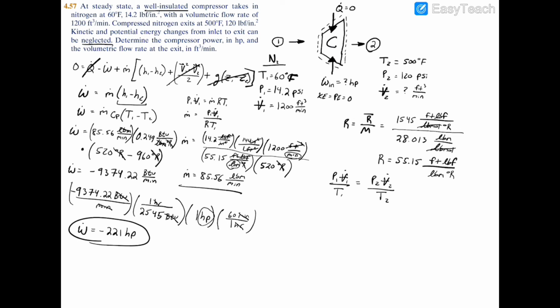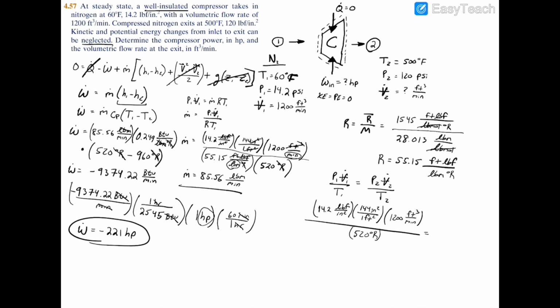So with that being said, I'm actually going to go ahead and fill in what we have here. So for our pressure, and I'm going to keep this all in feet, by the way. So for our pressure on the left, we had 14.2, and that was pound force per inch squared. Again, converting into feet, we have 144 inches squared per 1 foot squared. Our volumetric flow rate was 1,200 cubic feet per minute. And now we can divide it by our temperature, which was, again, 520 degrees Rankine.